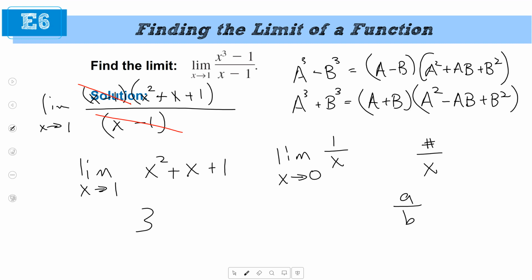Are you raising your hand? Okay. Anybody? Come on. 0. Why? Because if the denominator is significantly larger than the numerator, it's worthless.